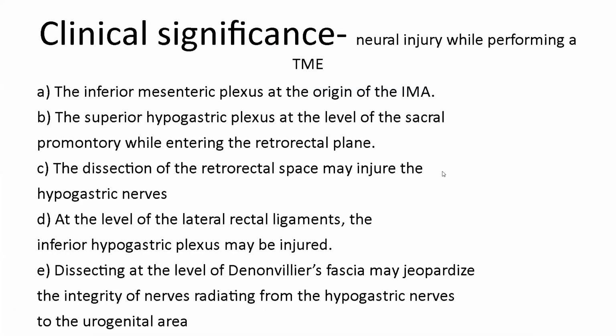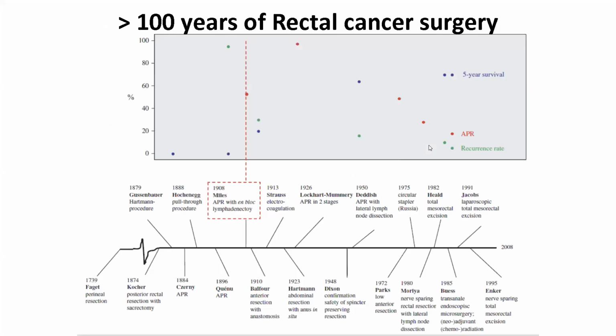So this was the brief surgical anatomy of the rectum, which is relevant to rectal surgery. Now, rectal surgery has evolved over the past 100 years. The first radical resection for rectal cancer is attributed to Miles, which he did in 1908.